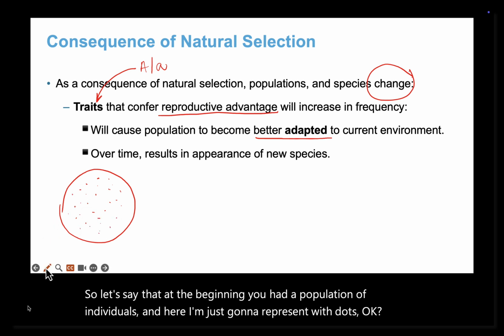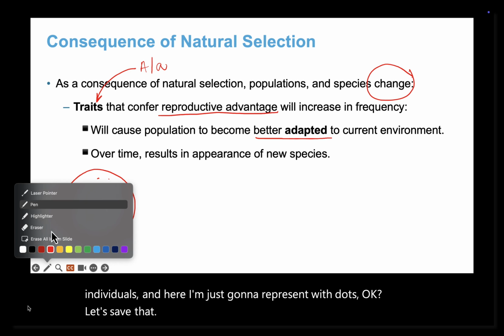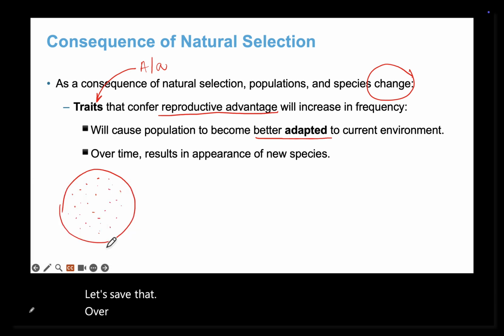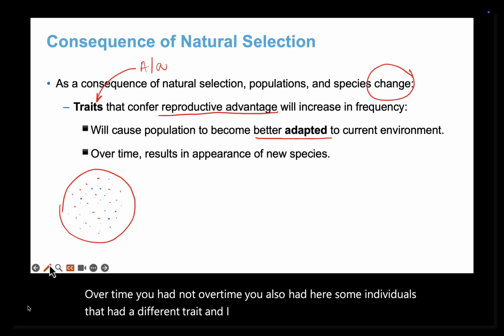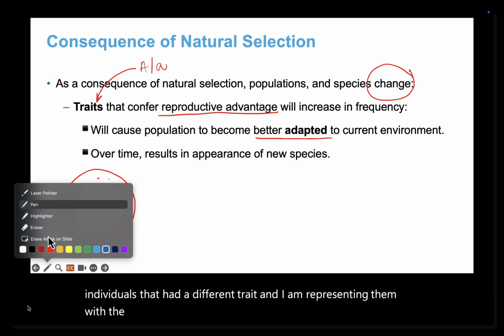Let's say that over time, you also had here some individuals that had a different trait, and I am representing them with the blue color.